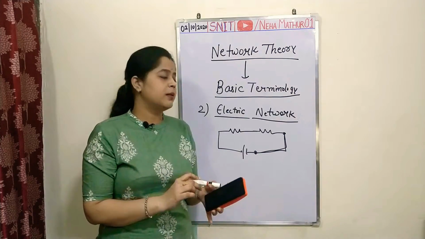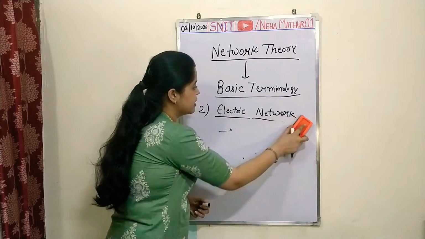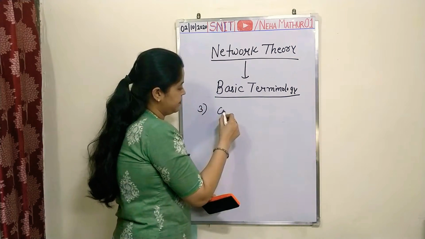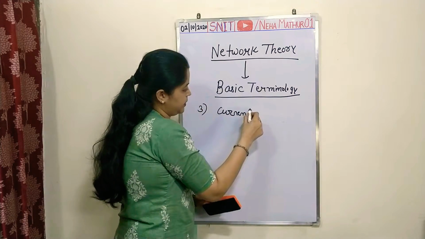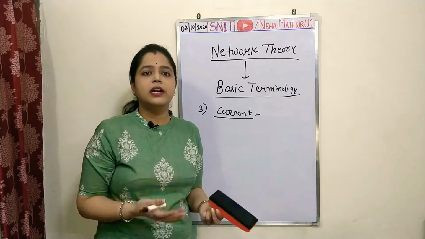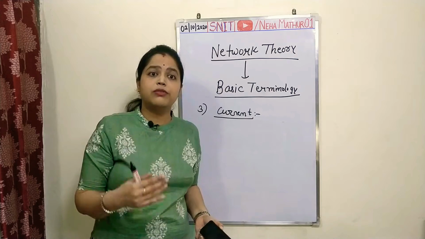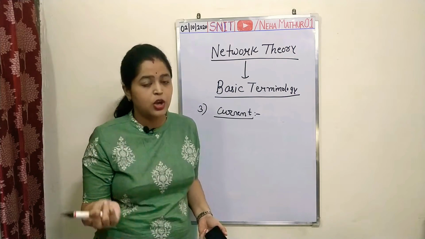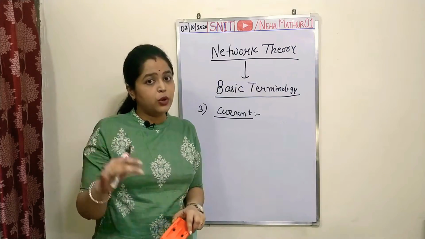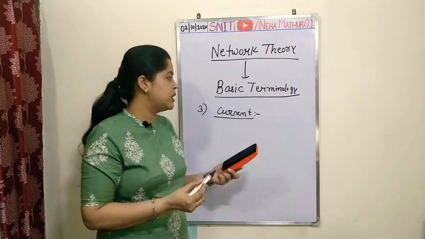Now the third term related to network theory is current. What is current? See, as you all know, current is nothing but the rate of flow of charge carriers, or I can say that the rate at which electrons flow in any conductor is said to be current.